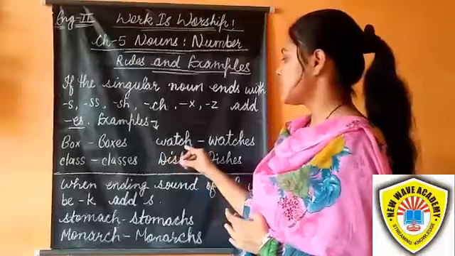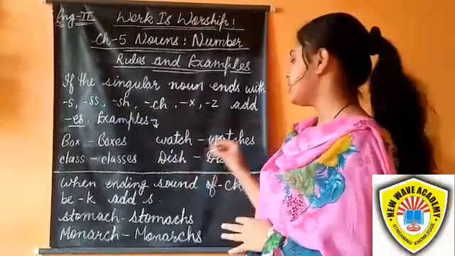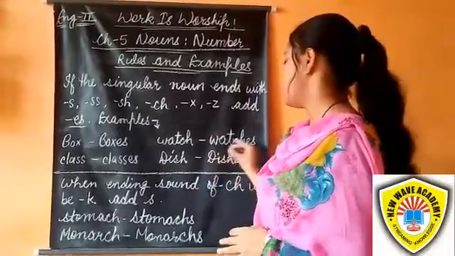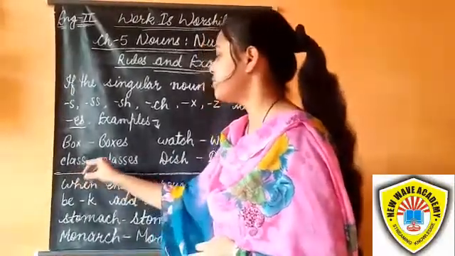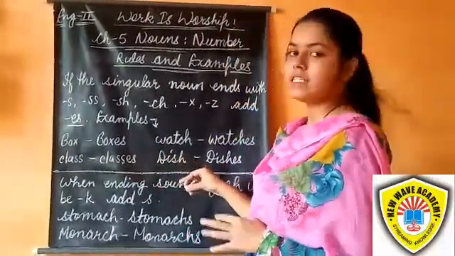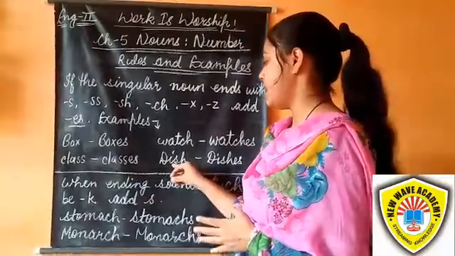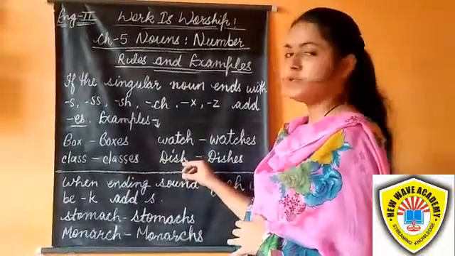Boxes. Watch ends with ch, then we will add es to make the plural. Watches. Class ends with double s, then we will add es. Classes. Dish ends with sh, then we will add es to make the plural.